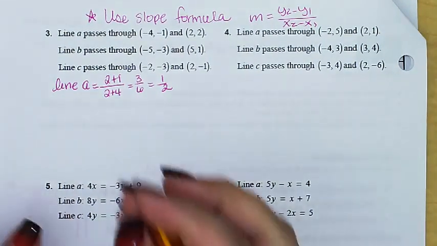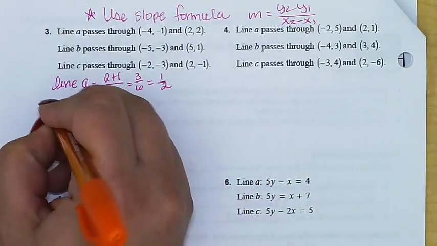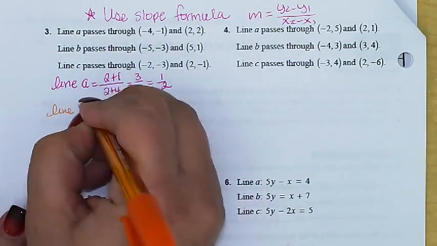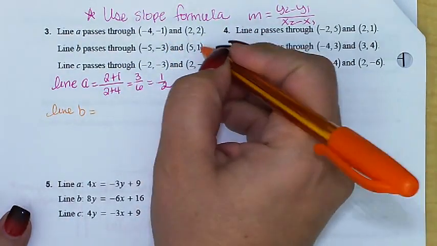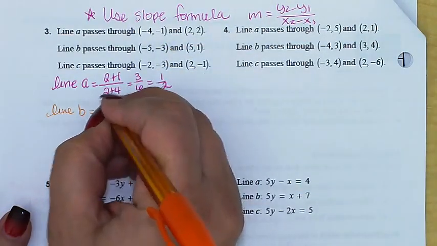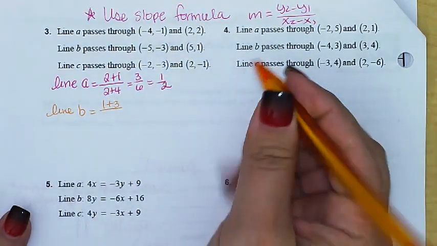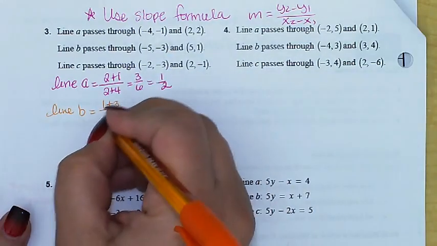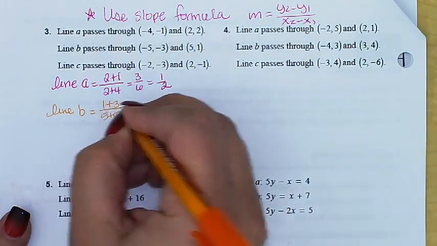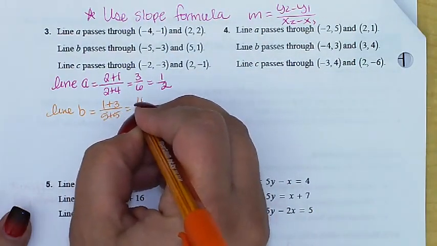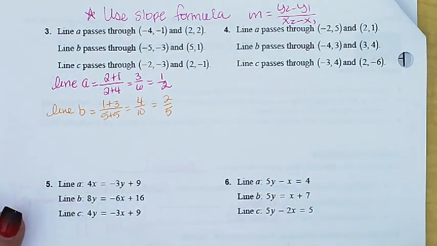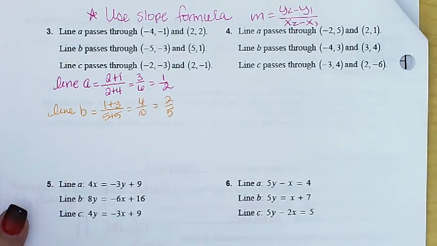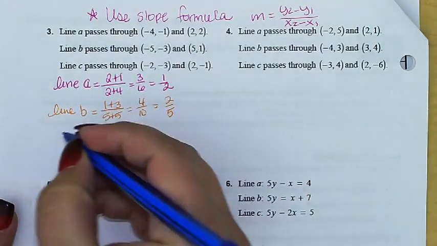Okay, for line B, 5 minus a -3, sorry, not 1 minus a -3, is 1 plus 3, and 5 minus a -5 is 5 plus 5, so that's 4 over 10, or in other words, 2/5. So those are definitely not parallel because they have different slopes.